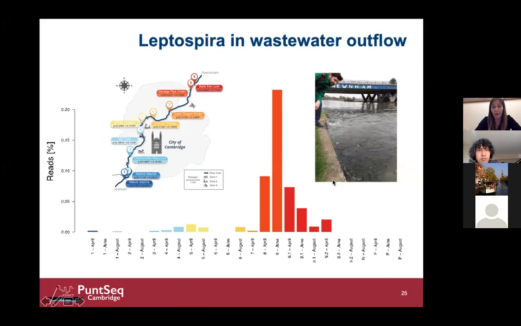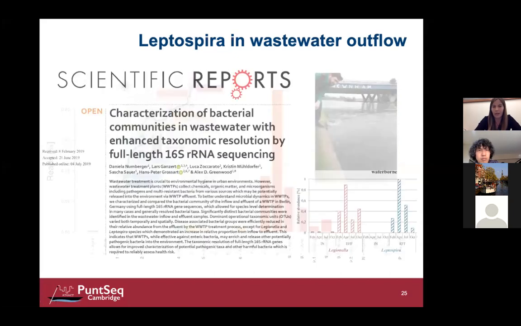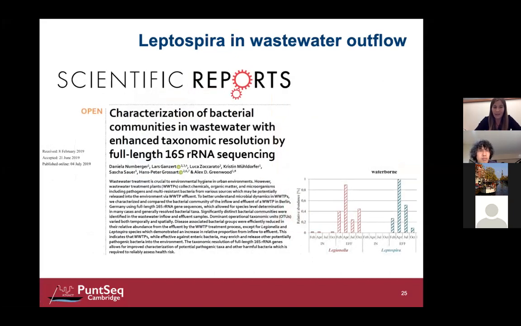Very interestingly, at roughly the same time, a lab in Berlin had observed the very same thing. They used 16S rRNA sequencing, but using PacBio, to compare the bacterial composition upstream and downstream of wastewater plants.